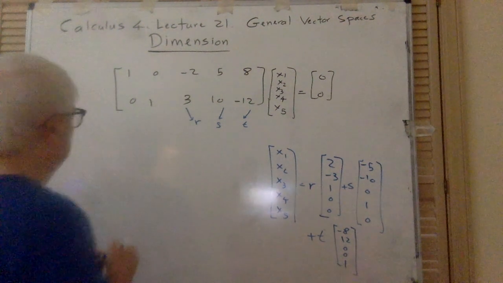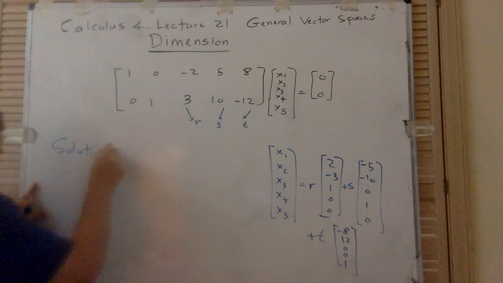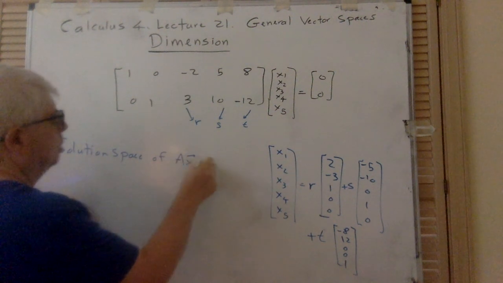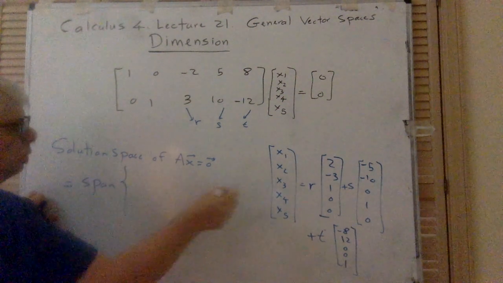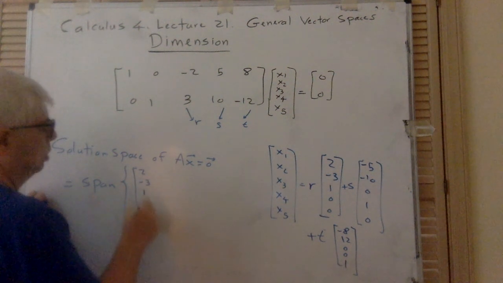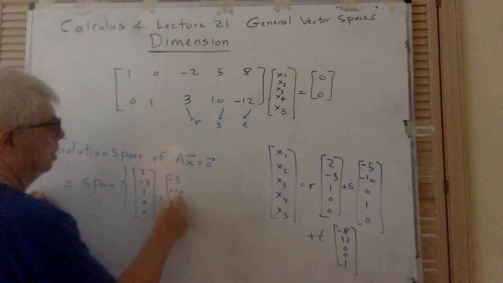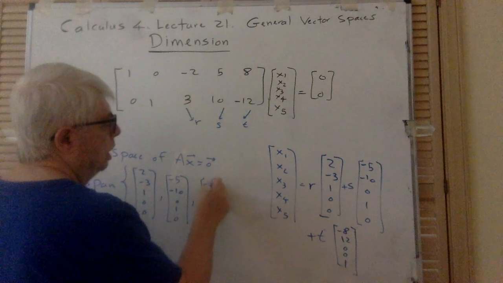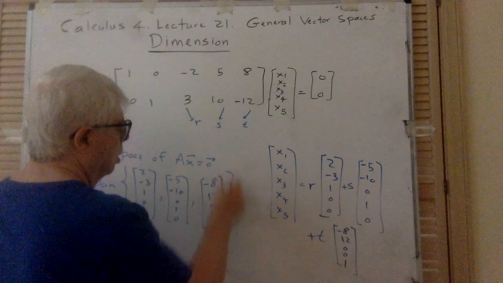Okay? So, I can say the solution space of this system Ax equals 0 is in fact the span of these vectors: 2, minus 3, 1, 0, 0, and minus 5, minus 10, 0, 1, 0, and the last one will be minus 8, 12, 0, 0, 1.